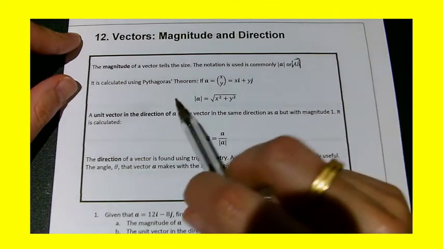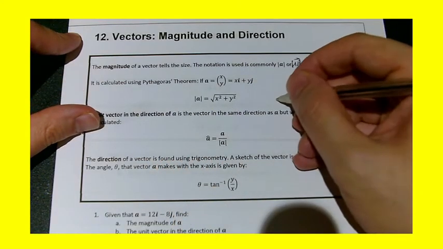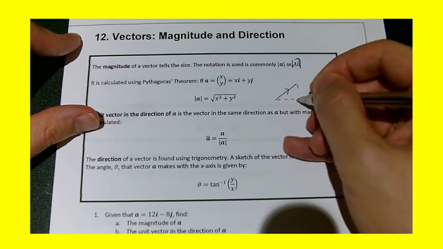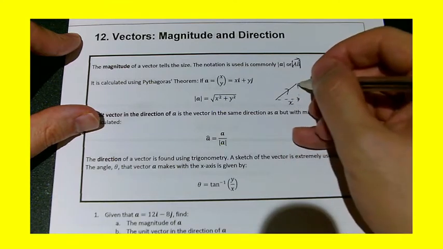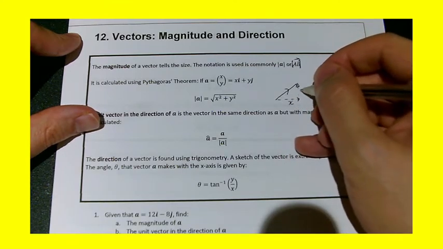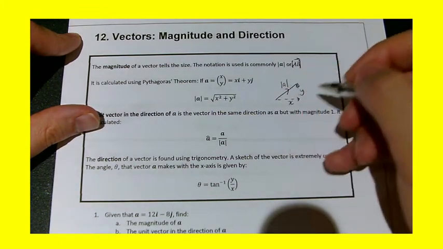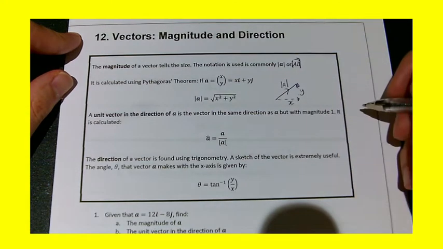It's basically calculated using Pythagoras' theorem. It's really not that difficult. If you've got a vector a in a particular direction, and you know how far across it is in terms of x, the horizontal distance, and how far up it's going in terms of y, then to find the magnitude of this vector you just do x squared plus y squared, and then square root. It's as simple as that.